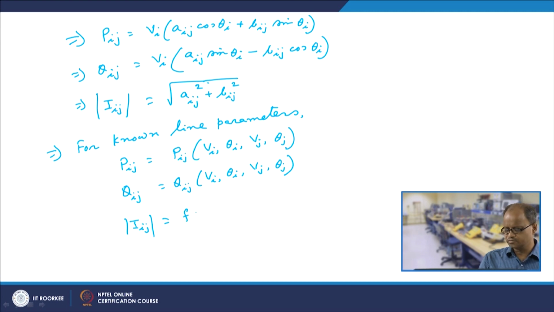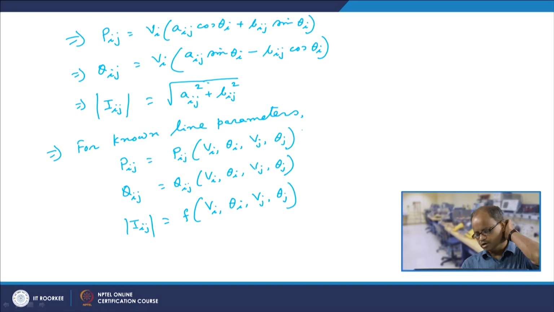All these quantities corresponding to a line would be only a function of the terminal voltage magnitudes and angles of that line. So with this we are now ready to look at the structure of the Jacobian matrix, which we will do in the next lecture. Thank you.